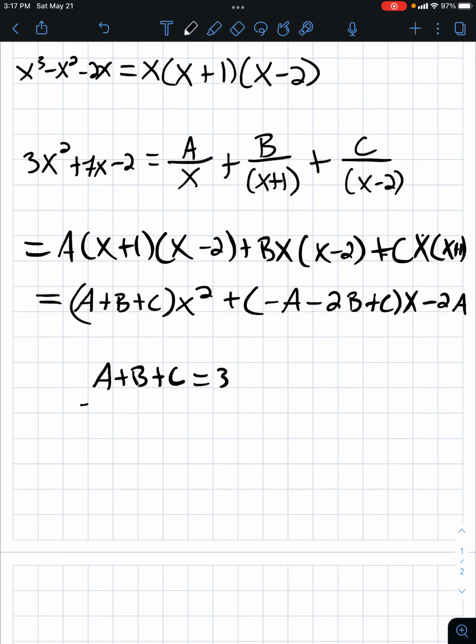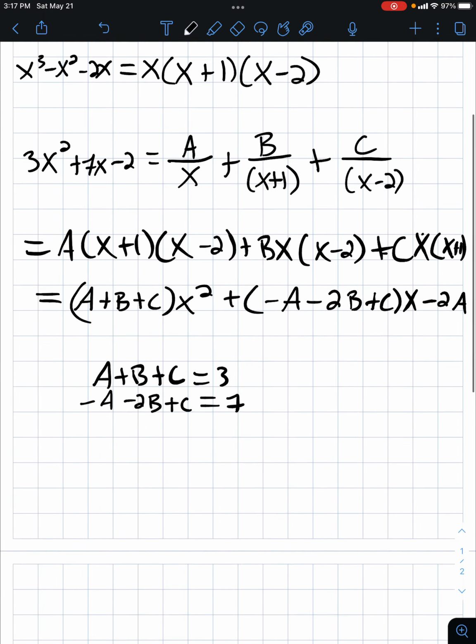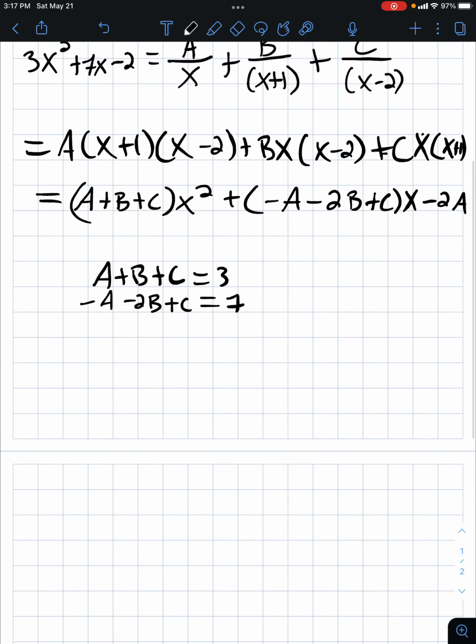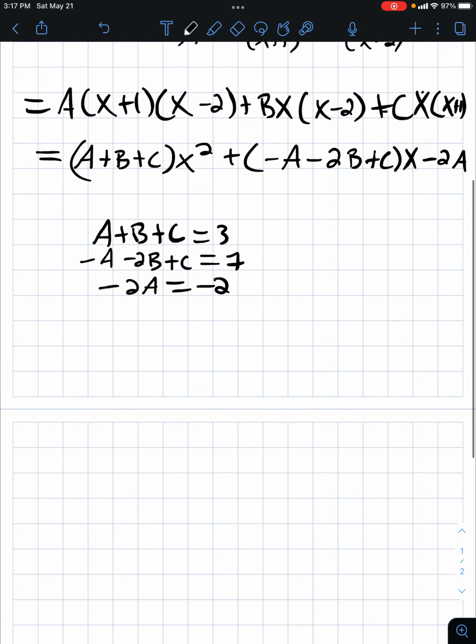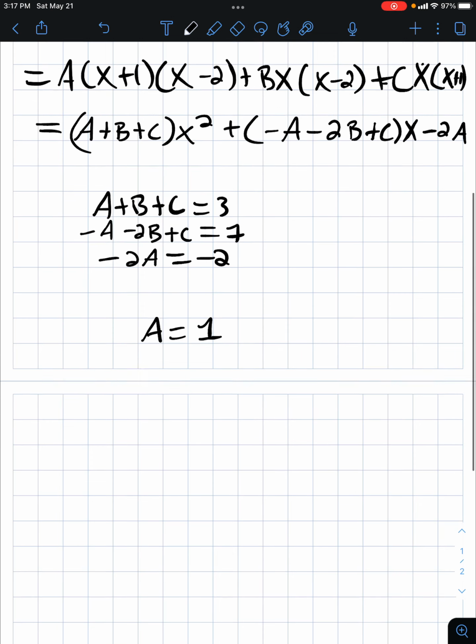Then the x coefficient, −A − 2B + C, is equal to 7. And the last one is −2A equal to −2. Solving for A, we divide by −2 and are left with A equal to 1.